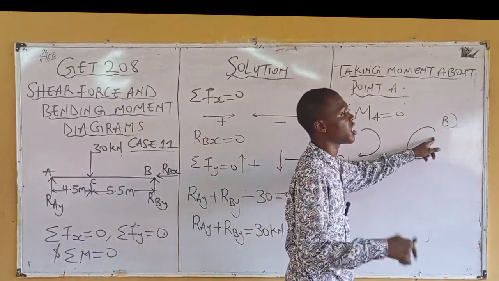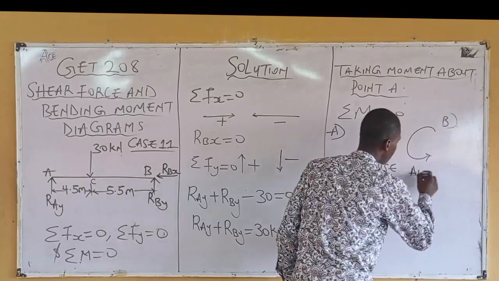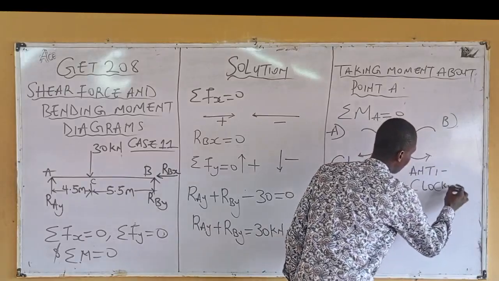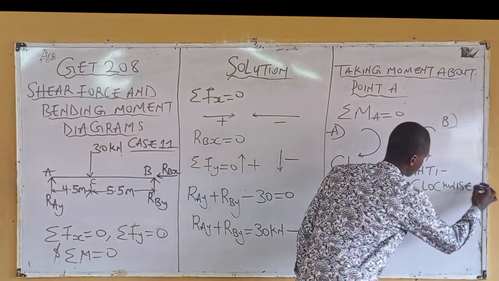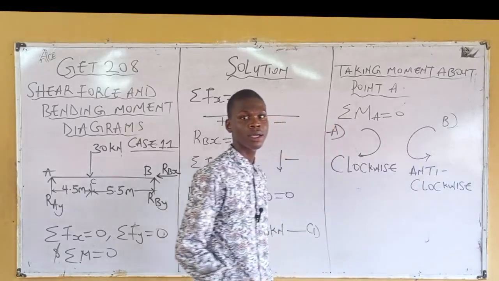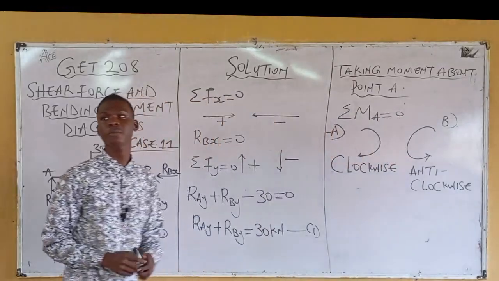Is B going in the direction or against it? Against it, meaning anti-clockwise. Are we together?